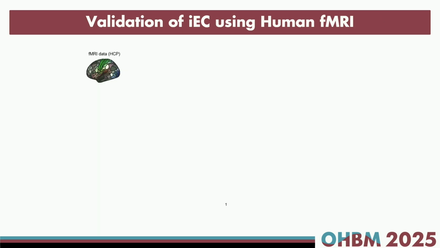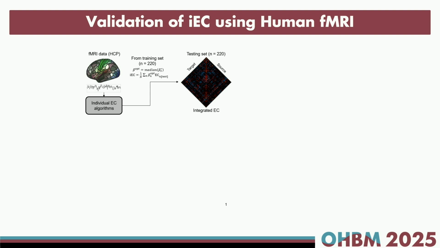But for the sake of time, in this talk, I'm going to show you briefly the validation of IEC using human fMRI. So we basically inferred the EC results from individual algorithms using HCP dataset, and then made a IEC in the testing dataset using the optimal beta values that we found in the training dataset.